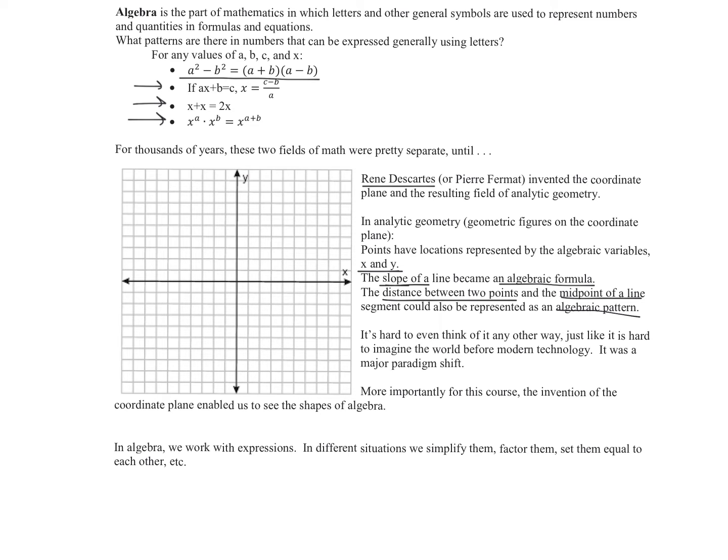So now, this coordinate plane is so much a part of math that it's hard to think about, well, what was it like before it? Now, more importantly for this course, because we're focused on algebra, once we had this coordinate plane, not only could we take geometric figures and think about them algebraically, we can take algebraic expressions and think about them as shapes. So we're going to see that on the next page.